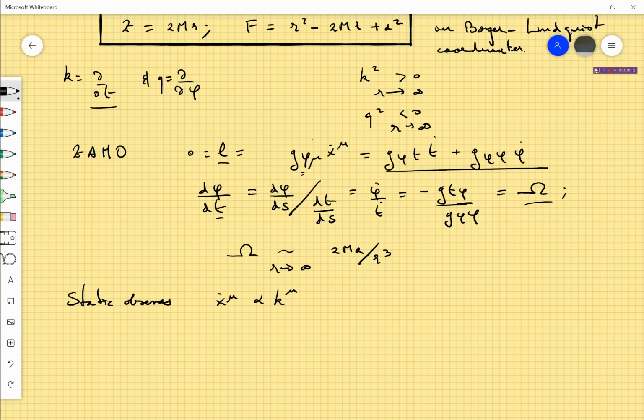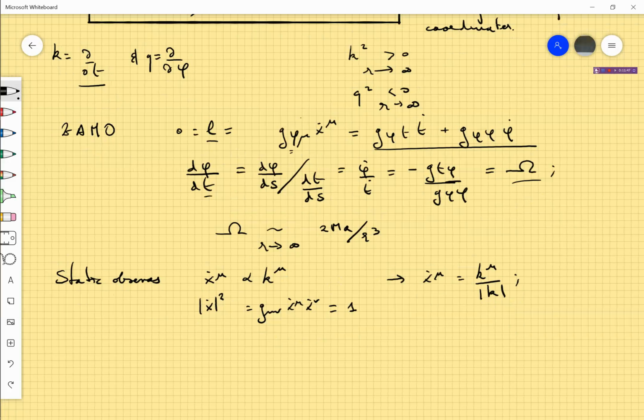So, since we know that x dot squared, this is g mu nu x dot mu x dot nu, this has to be 1. Well, this determines x dot mu to be k mu divided by the absolute value of k.